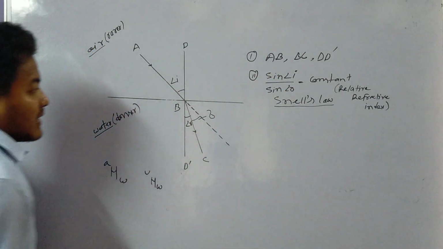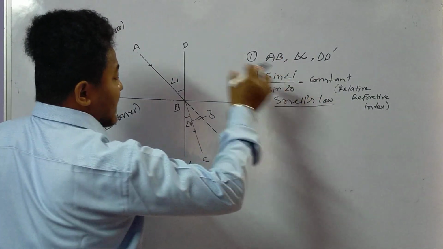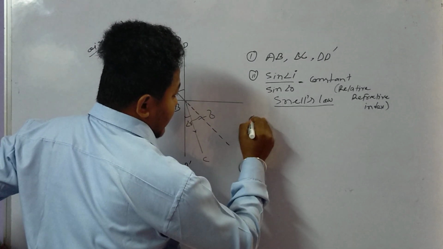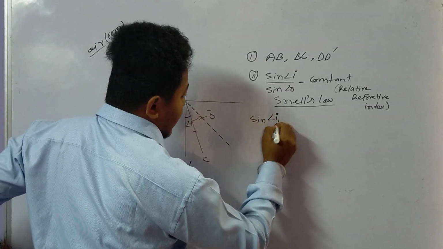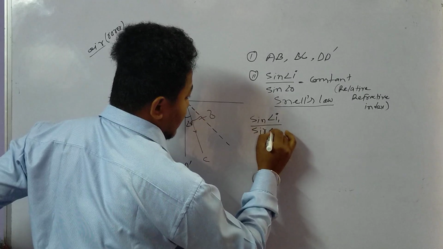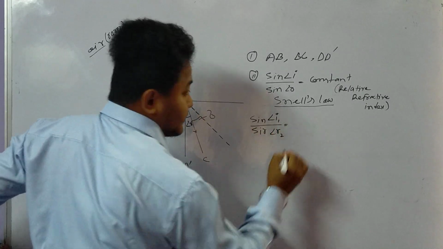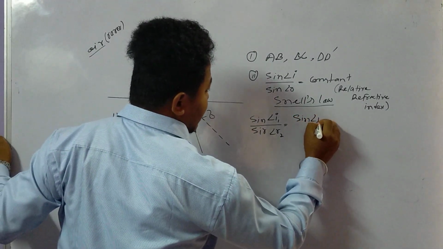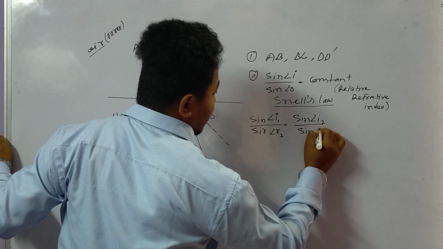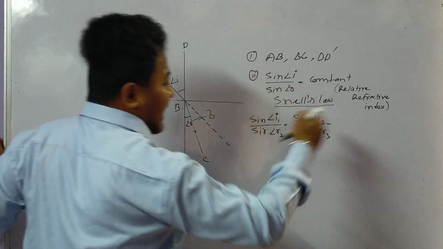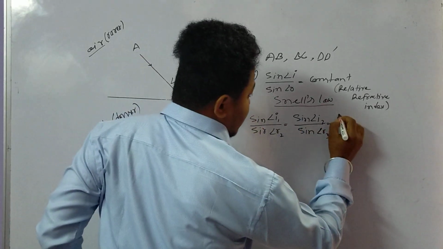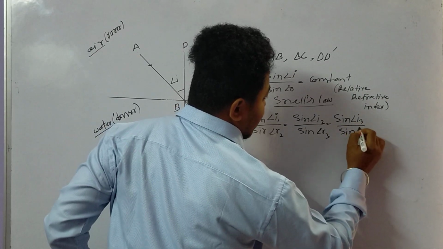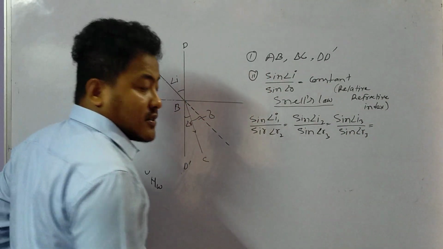In this case, what does sine I by sine R actually mean? If I have two situations, I consider sine of angle I1 in the first situation and sine of angle R1. If you take one more situation, sine of angle I2 and sine of angle R2, and then sine of angle I3 and sine of angle R3, their ratio will always be constant, remember.